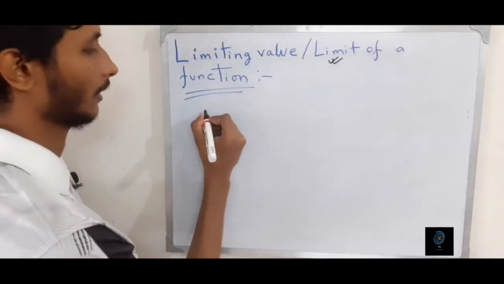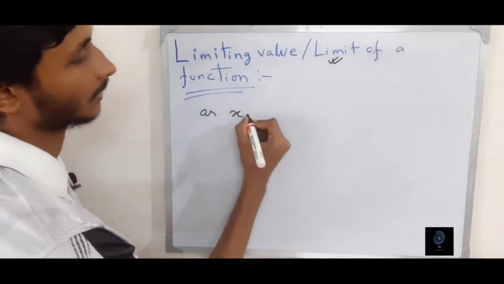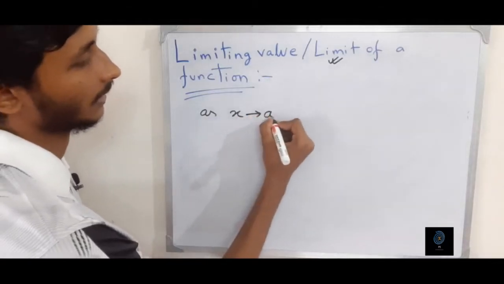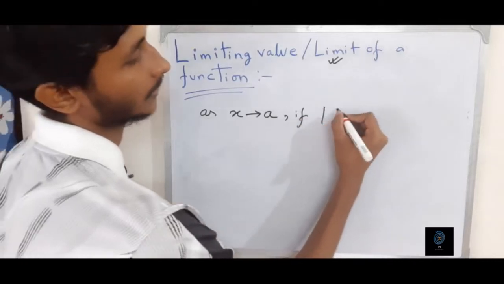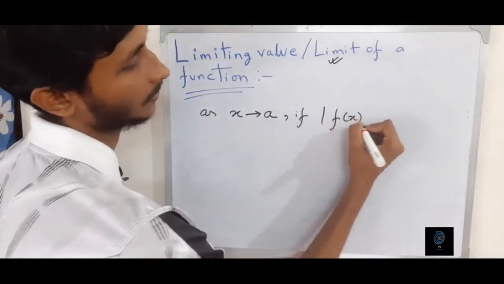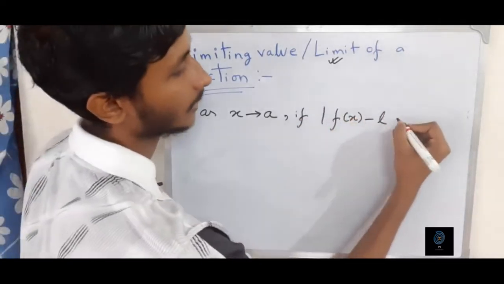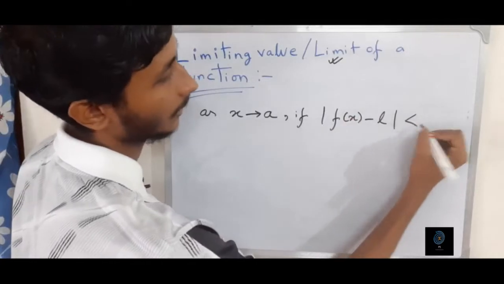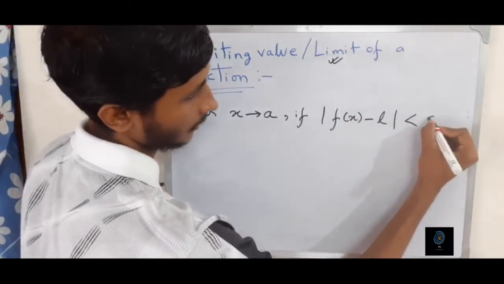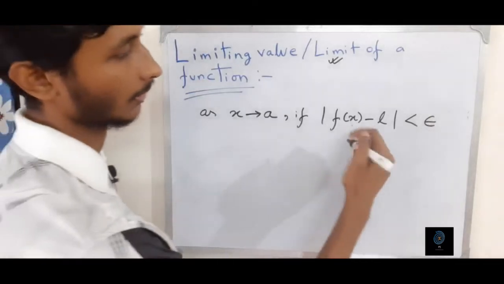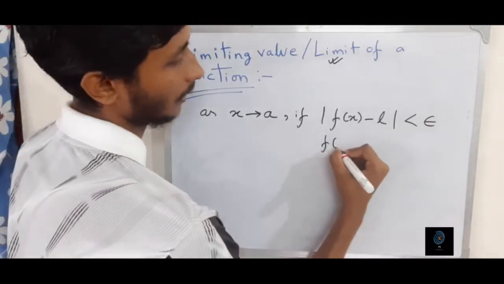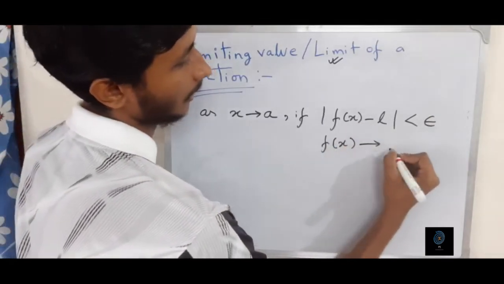So as x tends to a constant a, if the absolute difference between f(x) and another constant L can be made smaller than some predefined small quantity epsilon, it is equivalent to write f(x) tends to L.